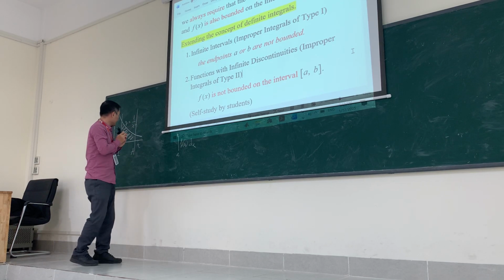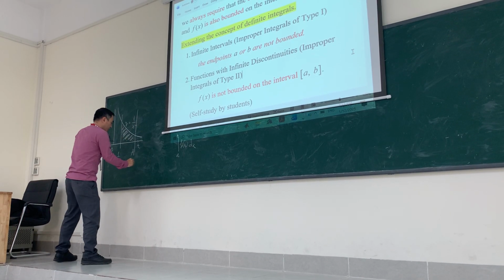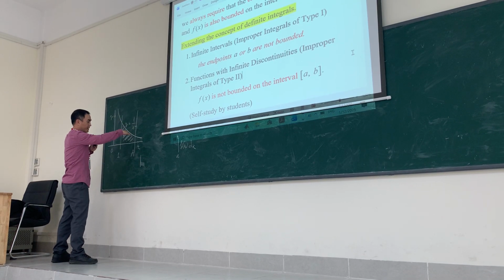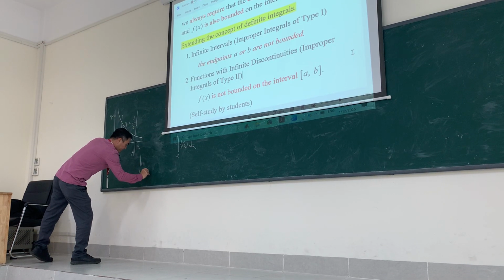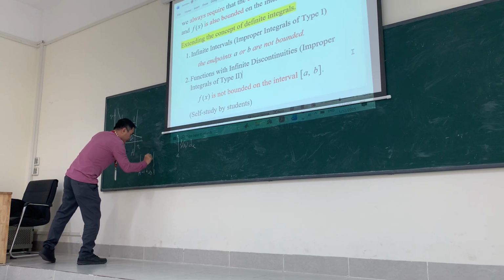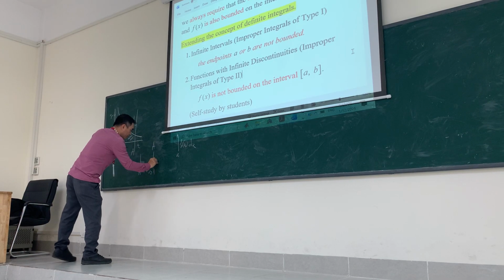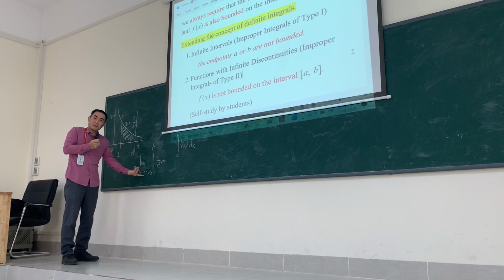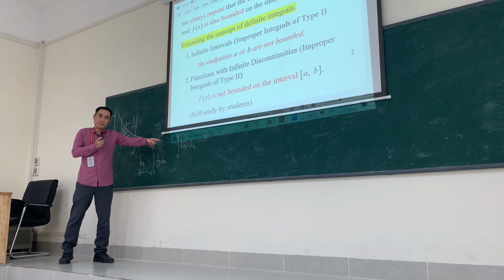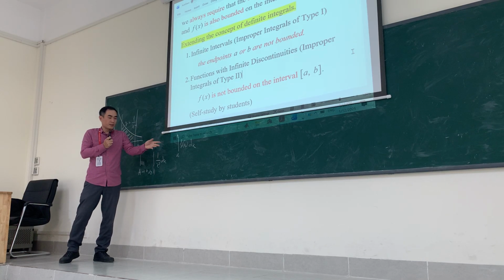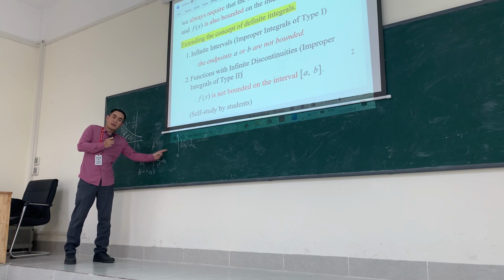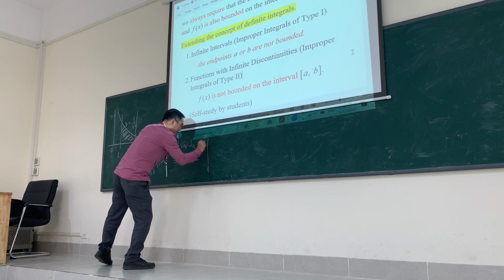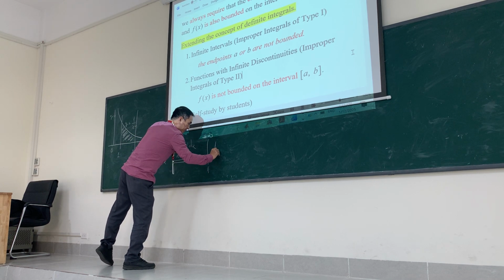So we can estimate the area under the curve as the limit, as A tends to infinity, of the integral from 1 to A of 1 over x squared. For simplicity, we denote this limit by the integral from 1 to infinity of 1 over x squared.